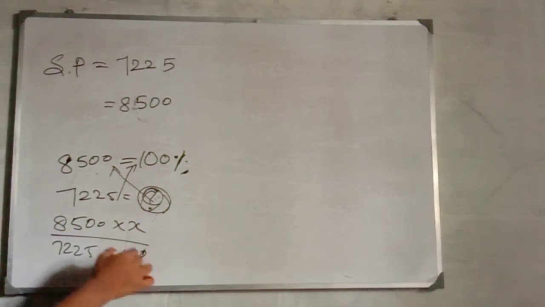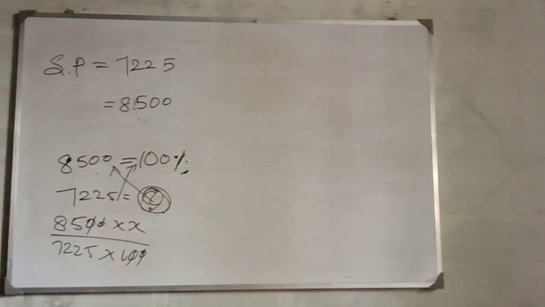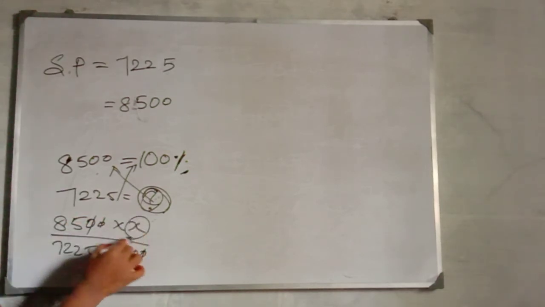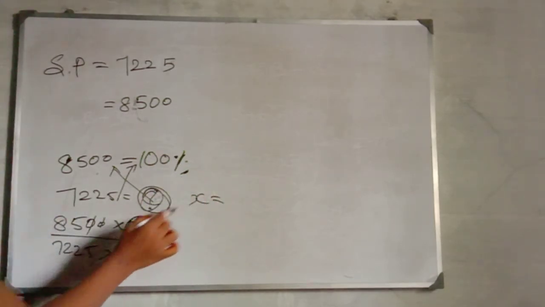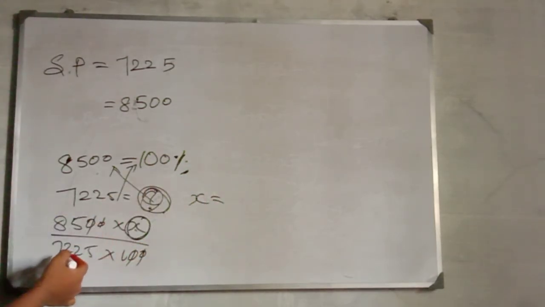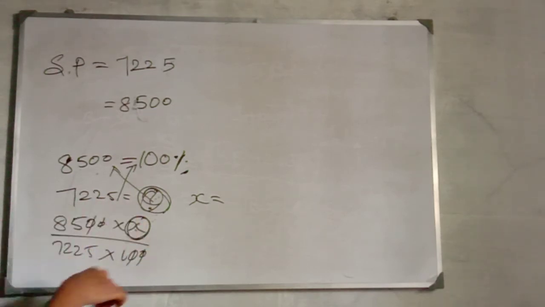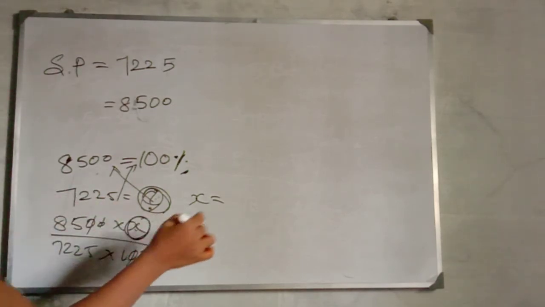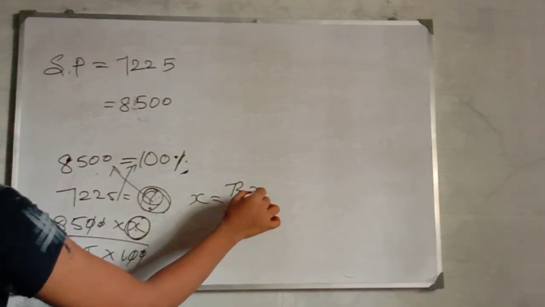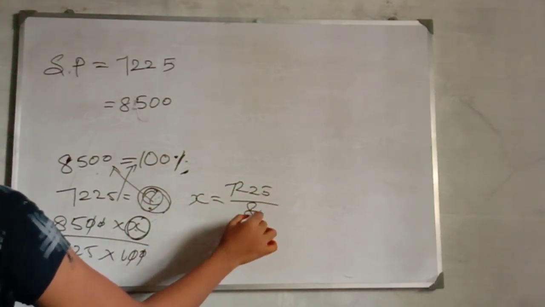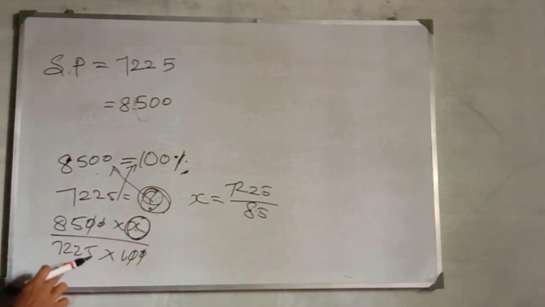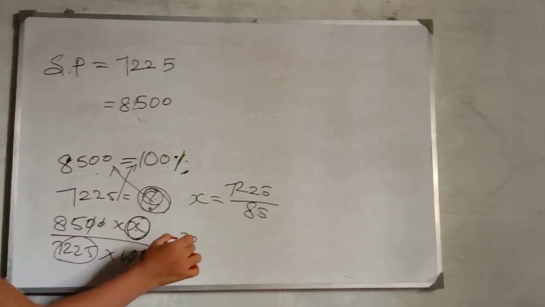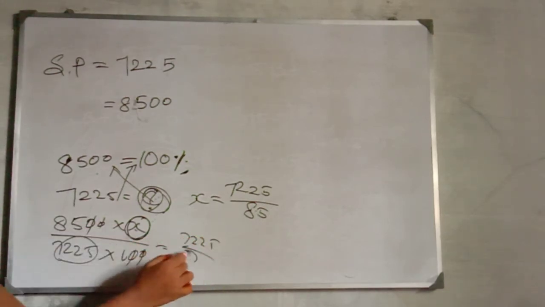Let me cancel these zeros. Now we have to find this value x. So x is equal to 7225 into 85, which we write as 7225 divided by 85.